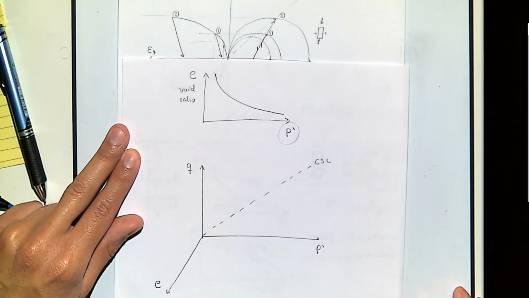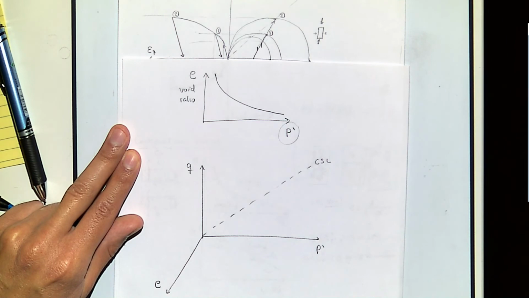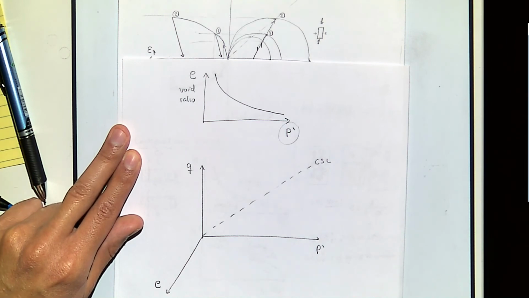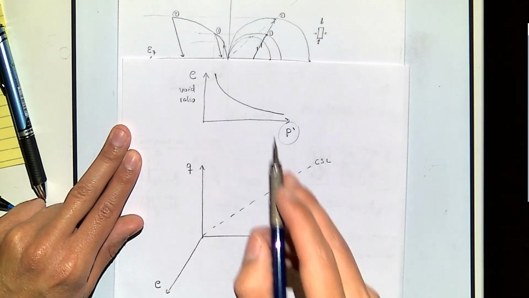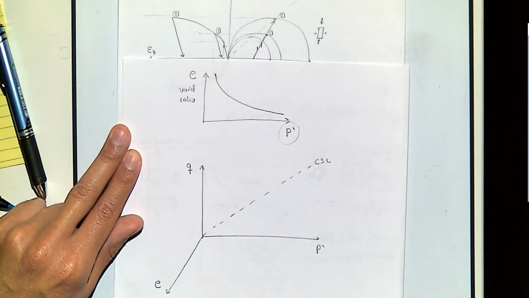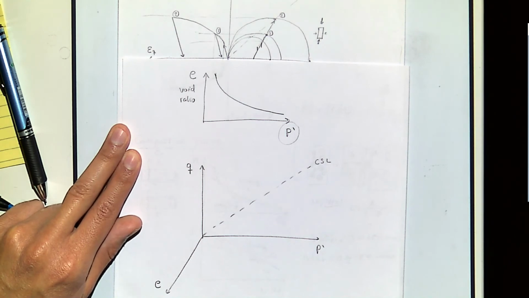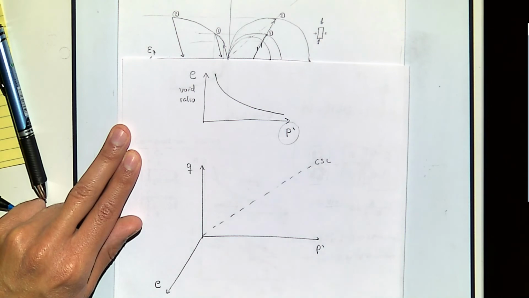When I add this third dimension, these surfaces turn out to be actually slices of a three-dimensional surface, which looks more or less like this.